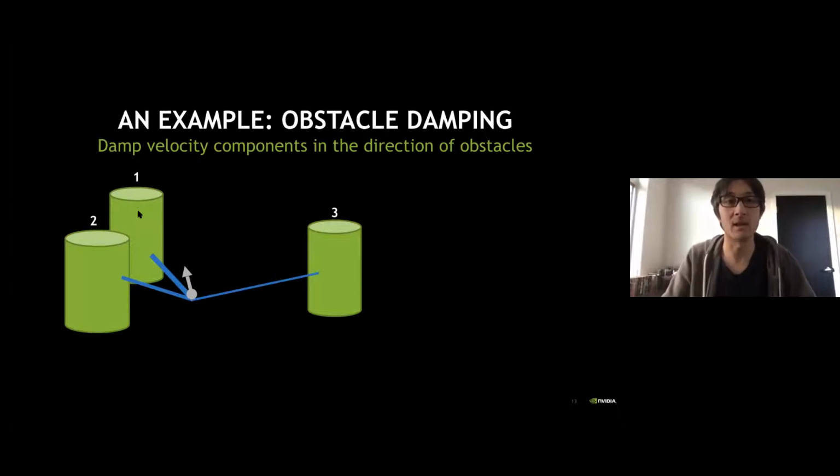We should care about that a lot more than number three, and number two is in the middle there. And one hand-designed behavior that we might write down is to just damp the component of velocity in the direction toward those obstacles. So damp these little components here. If you do, you remove the components of velocity that are pointing toward obstacles that really matter, and the system should just go around.